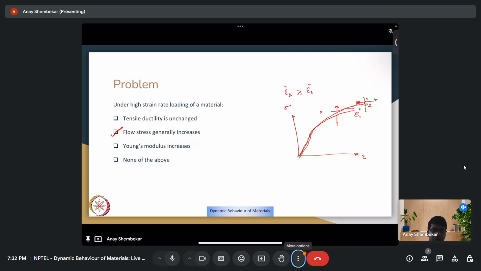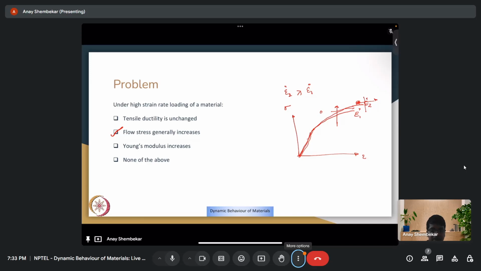Right. Okay. I actually don't know the exact answer. My guess is that because the flow stress is increasing as compared to a lower strain rate value, we would expect the tangent modulus to be higher.